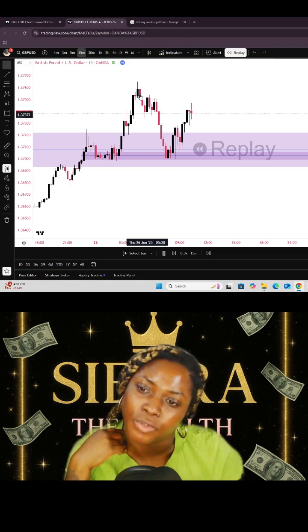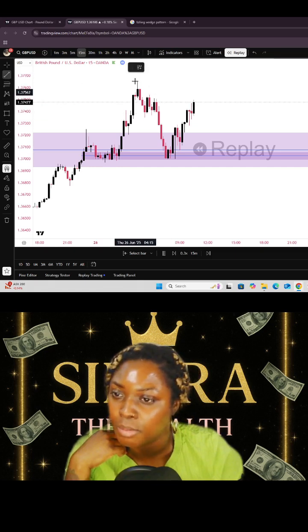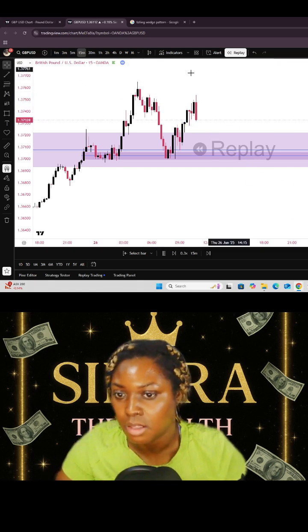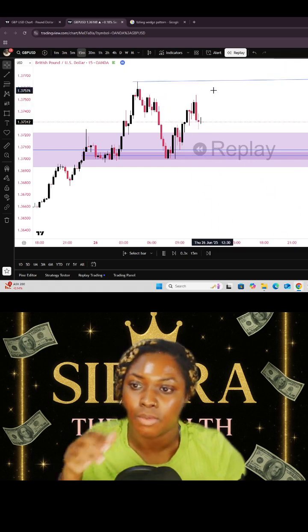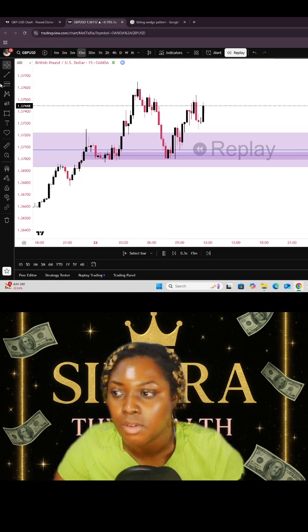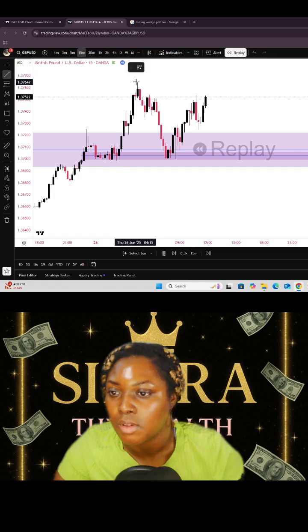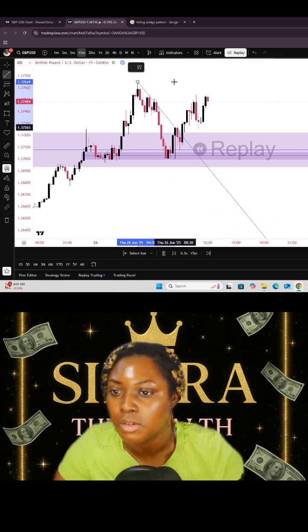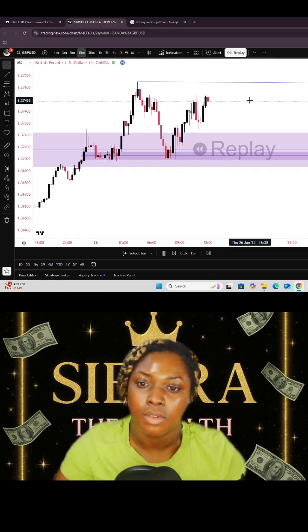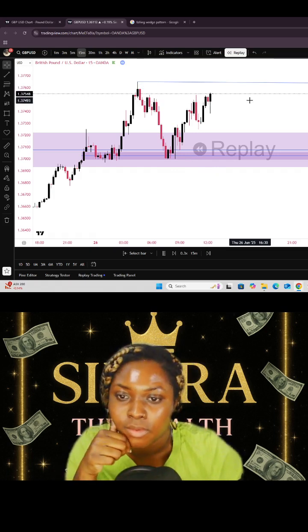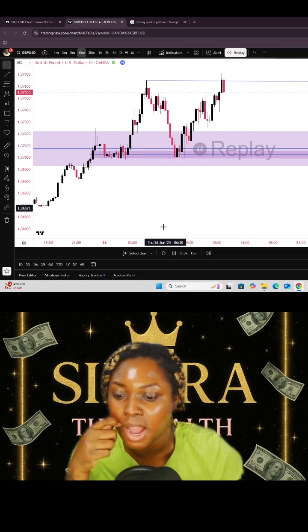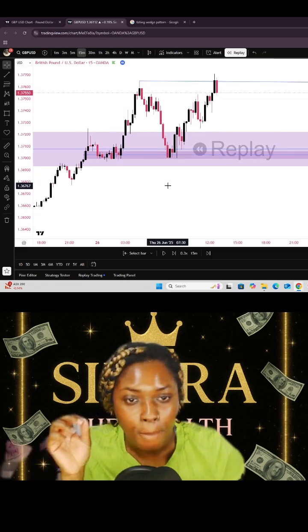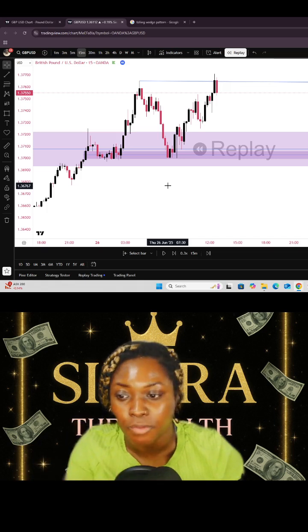This could be a confluence for a buy, but I don't think price brought up this high. All right, so price did buy up this high for a buy. So let me show y'all the buy, although I want to show y'all the sell. But there was a buy that was valid before the sell, okay?